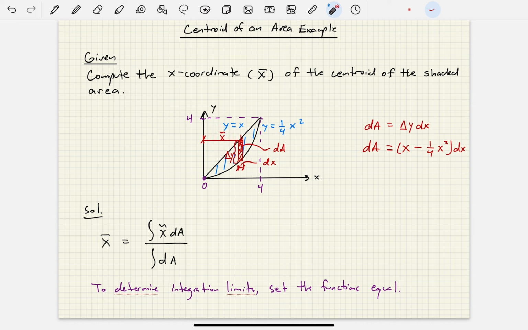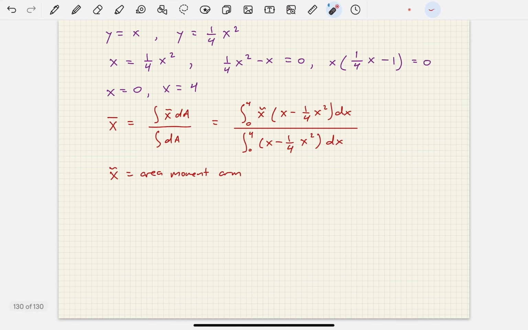Well, in this case, x tilde is just x, okay? It's just regular x. And again, this is well defined because we have both functions passing through the origin, all in quadrant 1. So this x tilde, this moment arm, is just x tilde equals x. So now we can substitute in x right here.